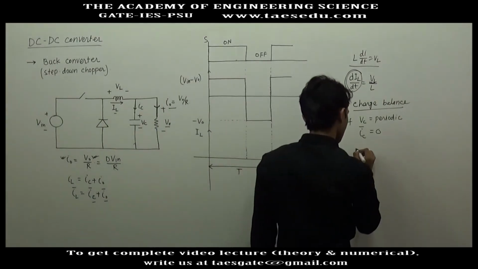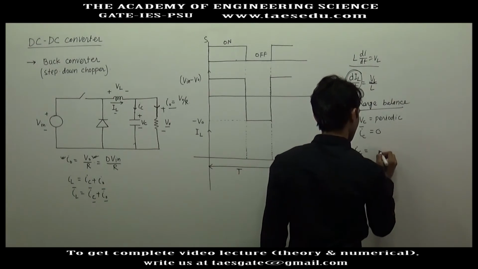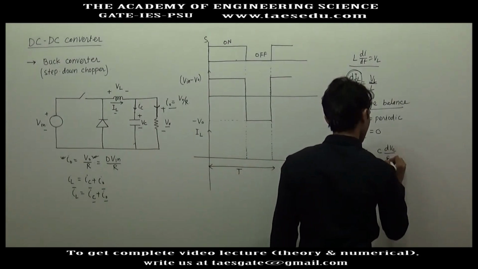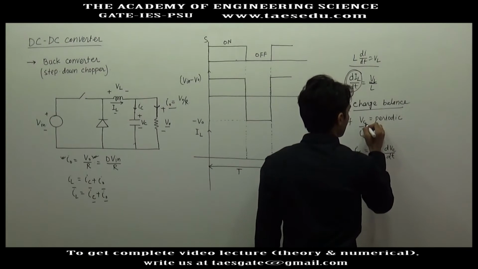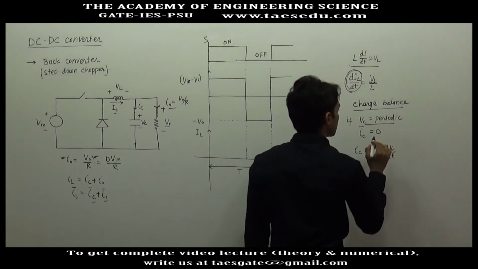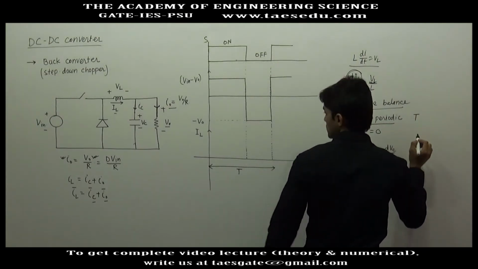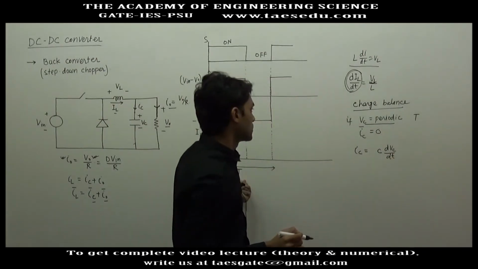How can we derive it? Capacitor current is equal to C dVc by dt. Let's say capacitor voltage is periodic with T, the duration of the switching cycle.